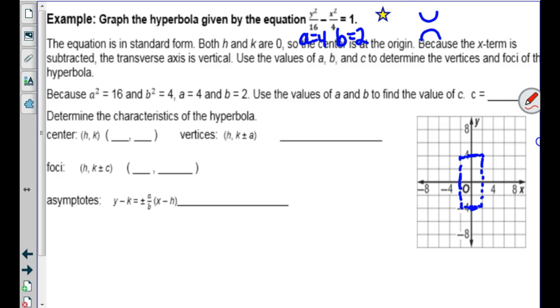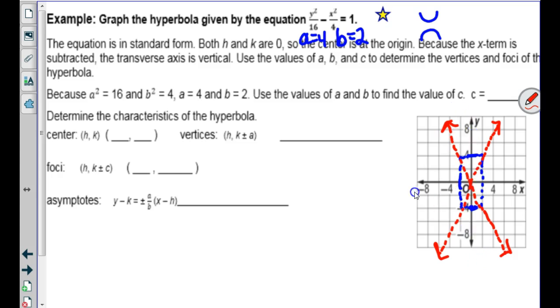Okay, then you draw in the asymptotes. Make sure you're following. If the slope is up 2 and over 1 to get to that corner, keep going up 2 and over 1. Okay. Now, where am I going to draw the actual hyperbola?